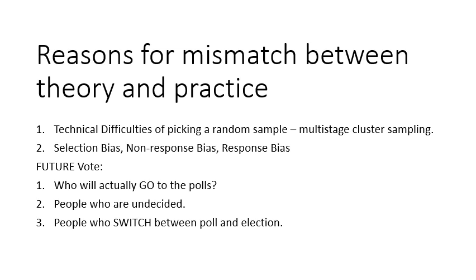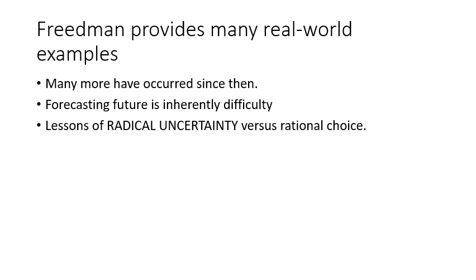Friedman provides many real-world examples of where the polls came to a dramatically different result from the actual elections. And since his book, many more examples have been discovered, have occurred.